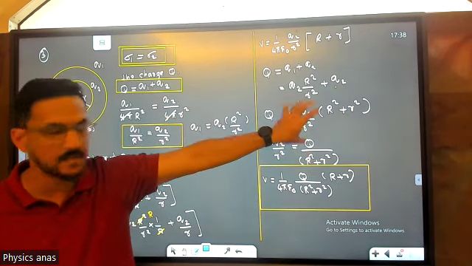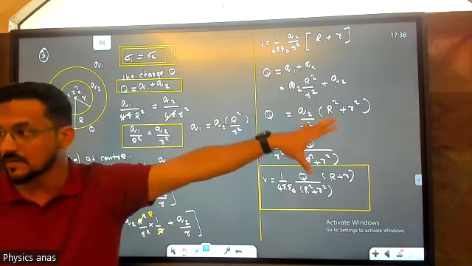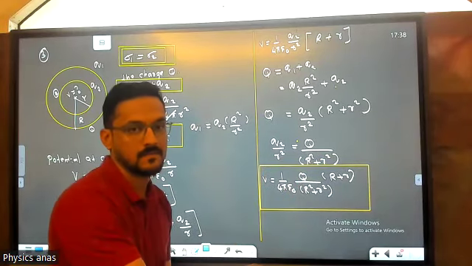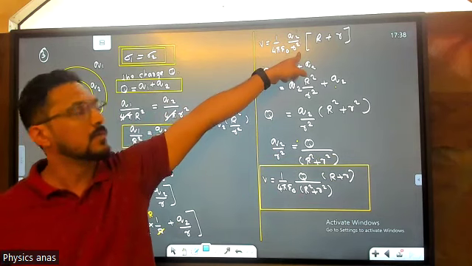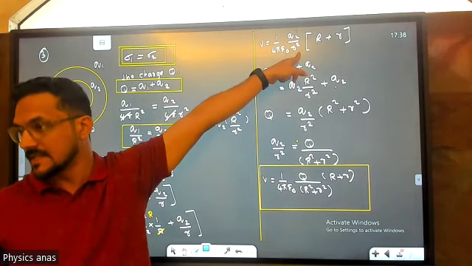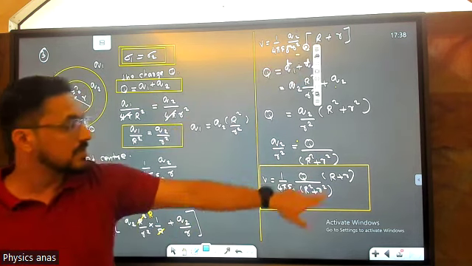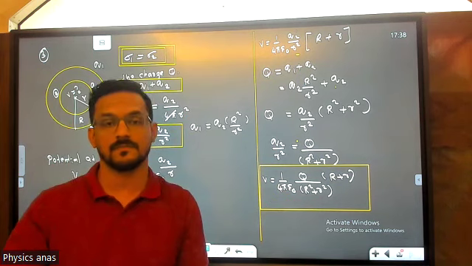Just let it stay there and take this term to the other side. Now I will get Q2 by r square is equal to something. That something can be put here instead of Q2 by r square. Then the equation will be in terms of capital Q and capital R.